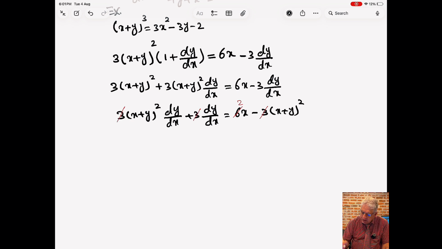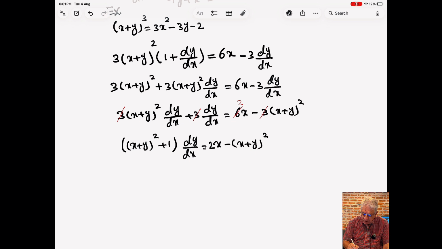Now if I factorize dy by dx, on the left hand side I am going to get ((x + y)^2 + 1) dy/dx is equal to 2x - (x + y)^2.